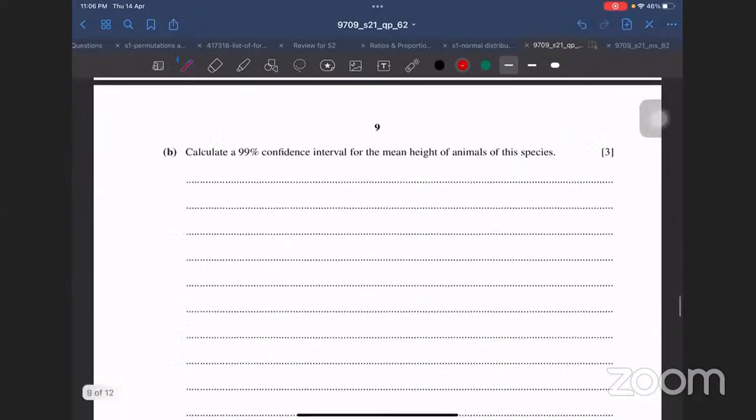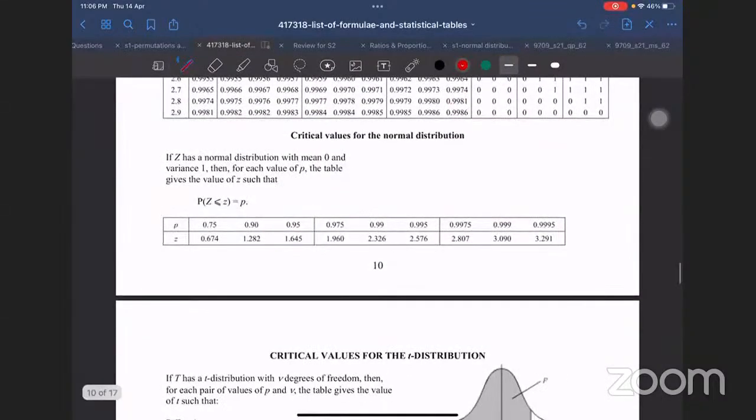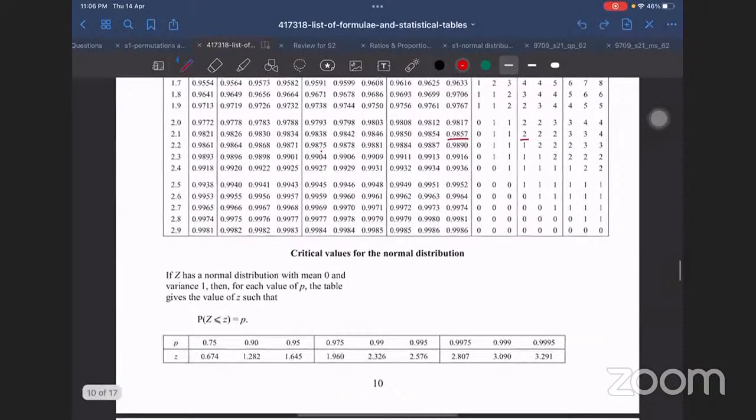Then it says calculate a 99% confidence interval. So for 99%, I'm going to take the z value as 2.576.